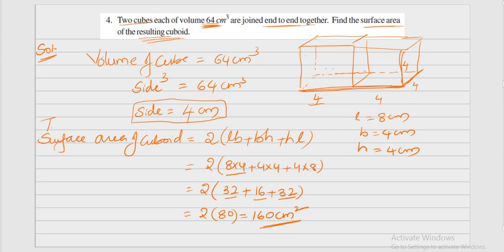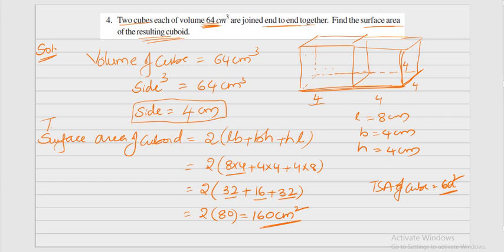We can also do this in another way. We know the total surface area of a cube. What is the TSA of a cube?